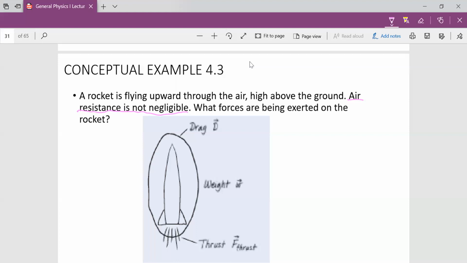It is going upward into the air. We circled the object of interest. We identified contact forces: the thrust, which is the force coming from the gas of the rocket, and the resistance it's going to face, which is the drag force, then the weight, the force that tends to pull it back down to the earth.